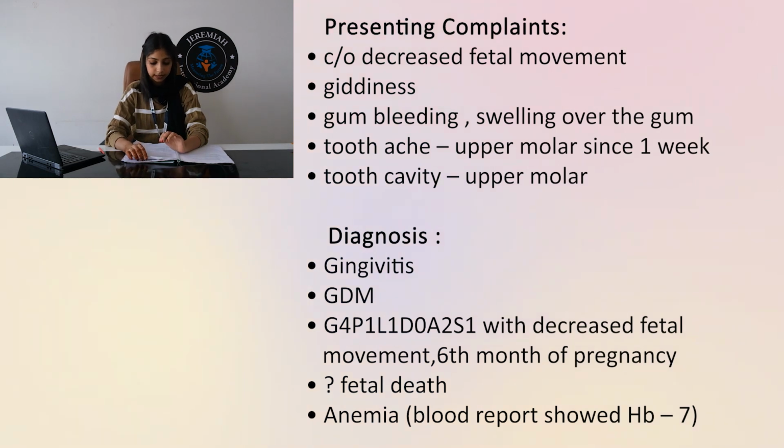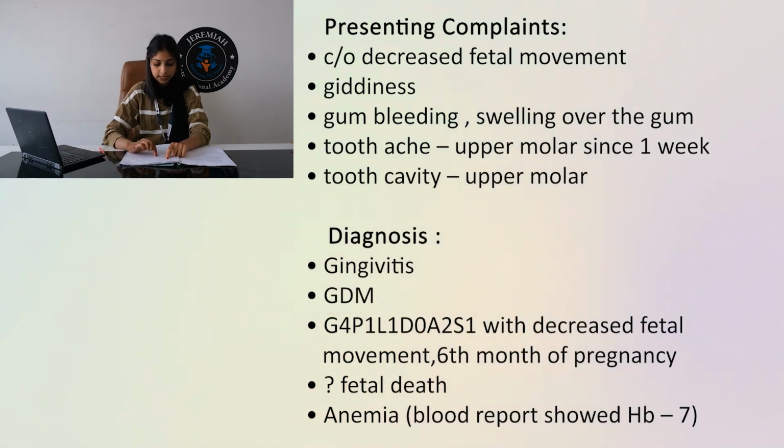Then the diagnoses are listed. A lot of diagnoses are there in this section, like gingivitis, GDM, which means gestational diabetes mellitus, and the patient's obstetrical score is also given here, which is G4, P1, L1, D0, A2S1, with decreased fetal movement, and the patient is at 6 months of her pregnancy.